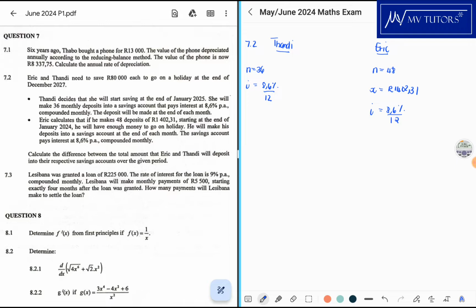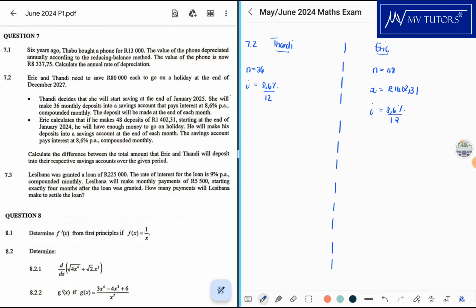Now we need to determine what the total amount that he would have paid over that period is. But before I even get there, I just want to determine if Eric, having put all these monthly amounts, will he have saved 80,000 Rand? Let's check, because in this case, the money that they are expecting is going to come in the future as a lump sum, we're going to use the future value formula. All right, so let me just separate the two there.